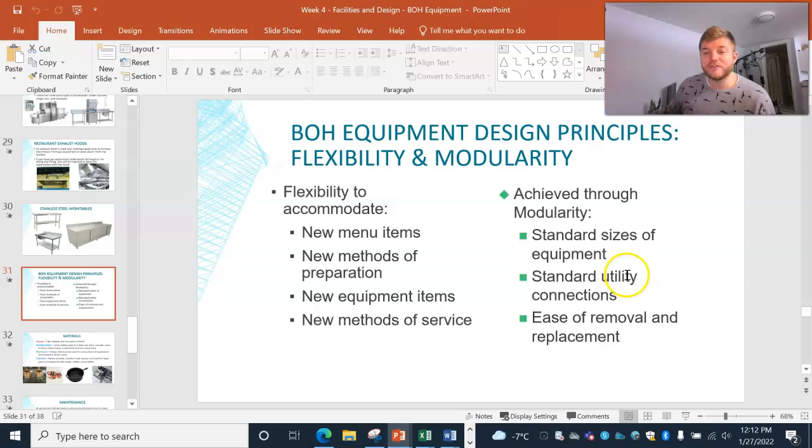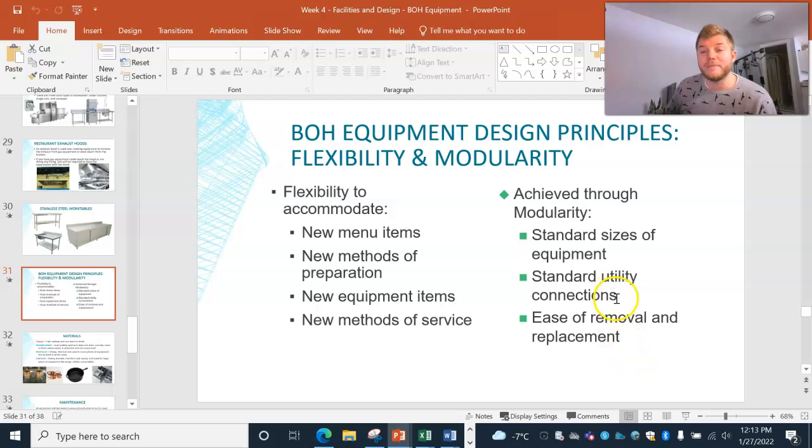They usually have the same amount of connections, and also the height. I think the height is usually 36 inches, but I could be wrong on that. Most tables are 30 inches. High top tables are 42 inches in height. 30 to 36 is usually the standard, but whatever it is, it's always the same.